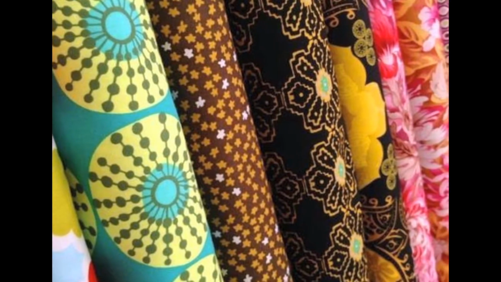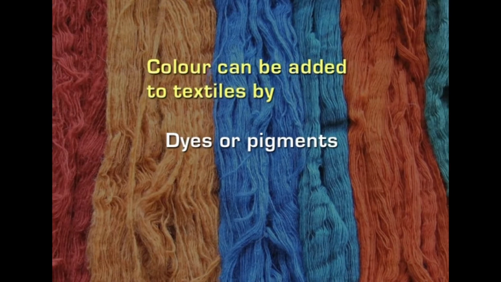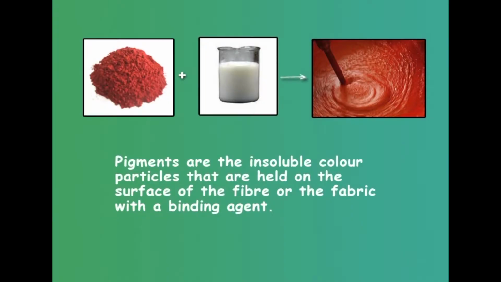Color can be added to textiles by using dyes or pigments. Pigments are insoluble color particles that are held on the surface of the fiber or the fabric with a binding agent. A dye is an organic compound responsible for giving color to the fabrics.